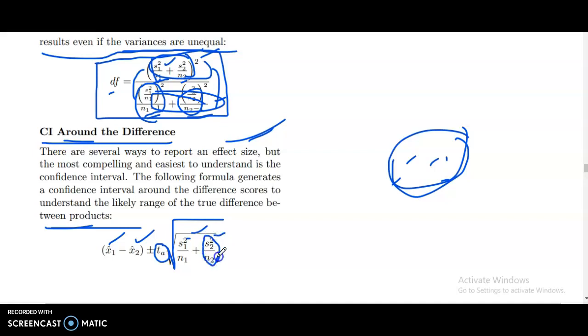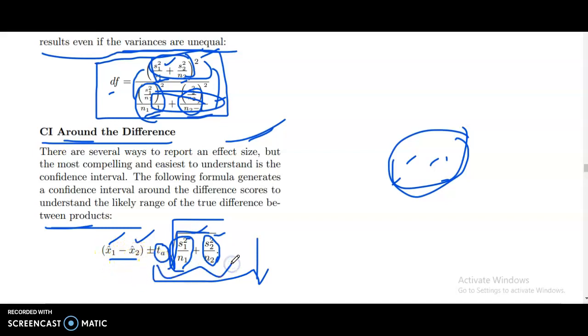S2 square is the same; square is for scaling purposes, and the root is also for scaling purposes only. For sample size n2, s2 how much, and for sample size n1, s1 how much. The standard deviation is squared, divided by the sample size, the values are added for both samples, then rooted, which reduces the value. Then multiply by t alpha, and add or subtract it from the difference of the sample means.